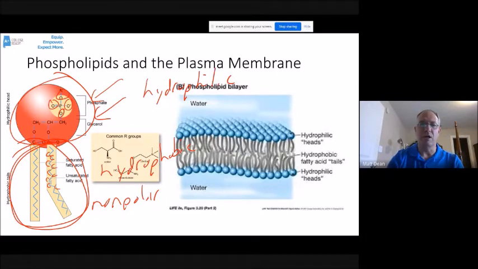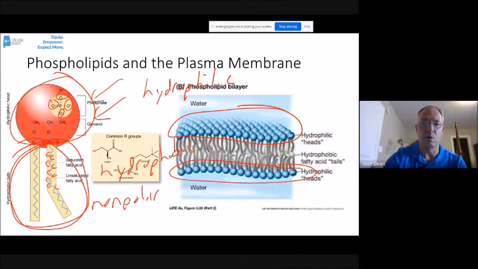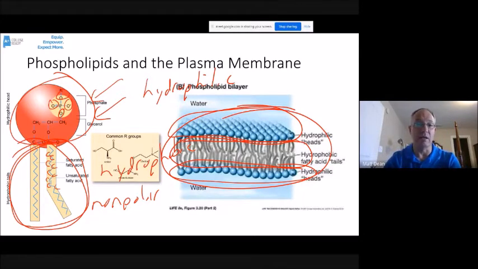So what that ends up causing is the phospholipids in water to form themselves into two-layered structures, what we call a bilayer, with the polar heads, the phosphate heads, pointing outside where there's water and also pointing inside the cell where there's water. And the fatty acid tails oriented toward each other away from the water. So cell membranes mostly are composed of a bilayer of phospholipids. It looks very much like that.